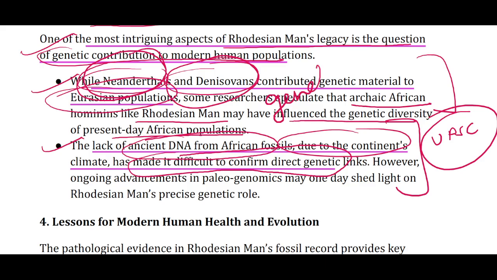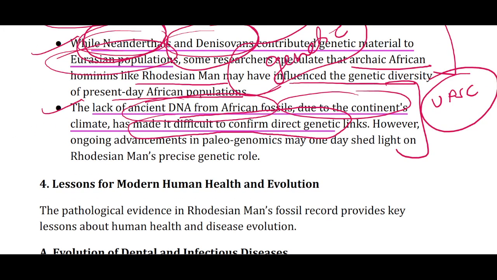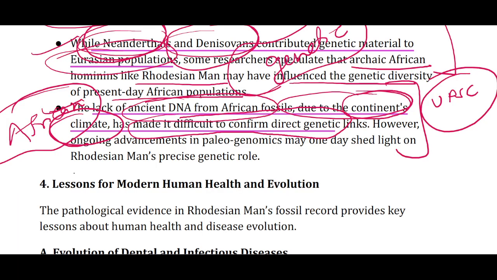So this one is again important from the UPSC perspective: we have traced the genetic linkages of the populations of Europe and Asia to Neanderthals and Denisovans, but we have not been able to repeat the same for the African population because of the climate of the African continent.